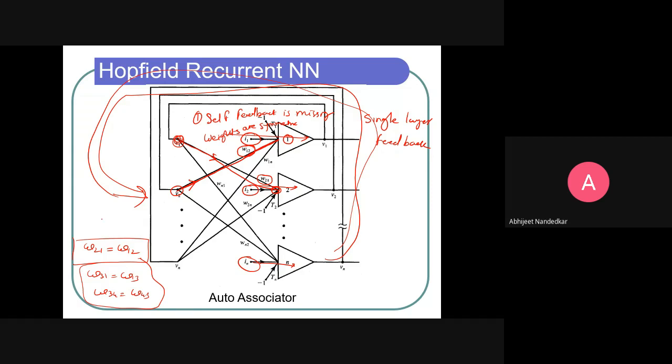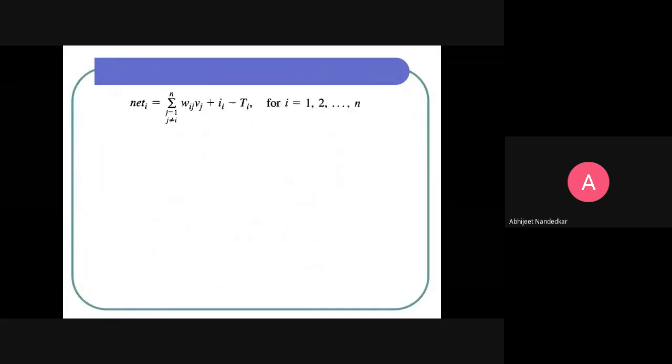So that means the matrix is symmetric. Since self-feedback is absent, the W matrix has all the diagonals 0 and all the entries on the top are equal to all the entries in the bottom. So that's why it is a symmetric matrix. Now the net that is coming to these neurons is given by this equation, as we have seen in last class.